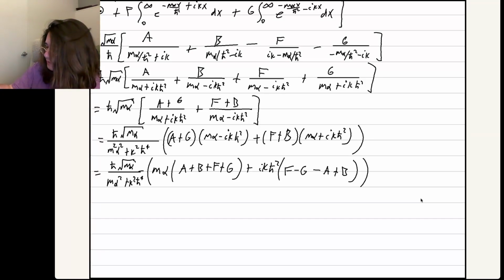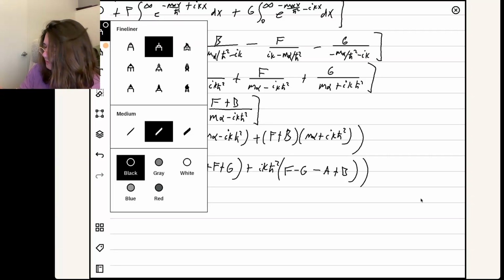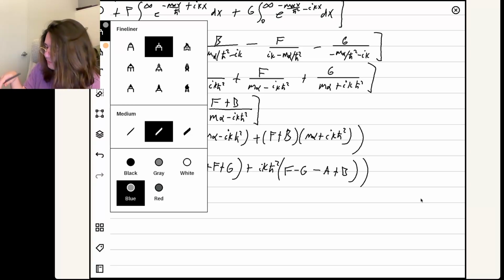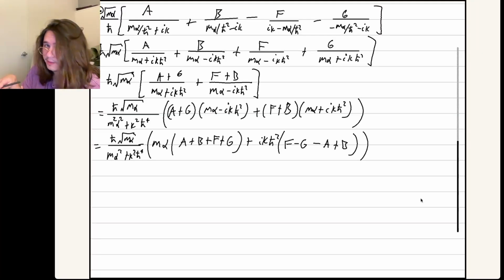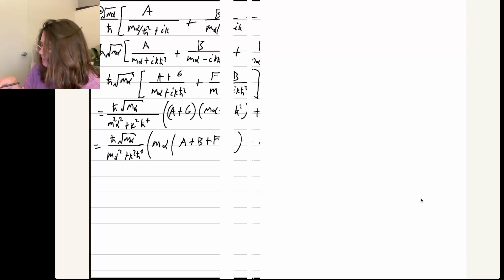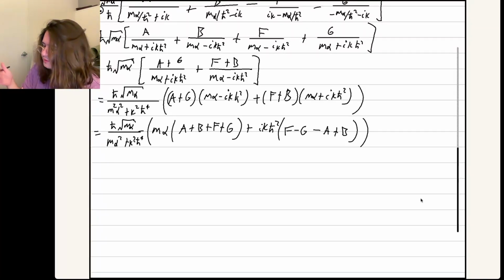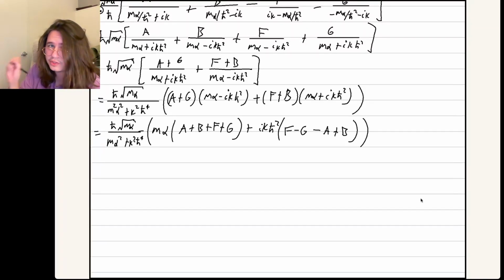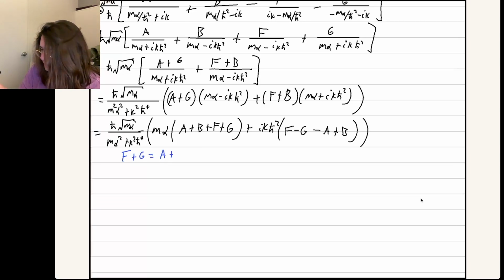And at this point, it's worth looking back into the chapter at the part where Griffiths decides to apply boundary conditions to these wave functions, and he finds relationships between the constants. Namely, the fact that the wave functions have to be zero at the boundaries gives rise to this expression, f plus g is equal to a plus b.